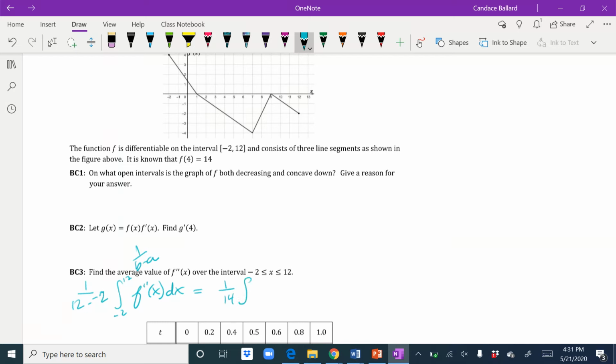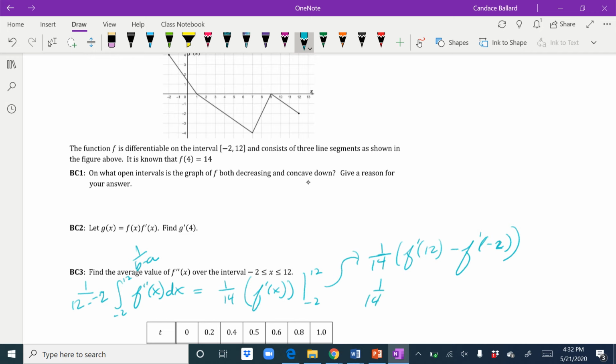Okay. So, I'm integrating. I shouldn't be integrating. Okay. So we've got to do parentheses. And what do I get when I integrate f double prime? Just f prime. Yep. F prime of x. And we're going to go from negative 2 to 12. All right, so 1 over 14. And notice how I almost lost that 1, so you got to be careful. Let's see. F prime of 12 minus f prime of negative 2. And then what do I have to do to get those? Just read them right off the chart?